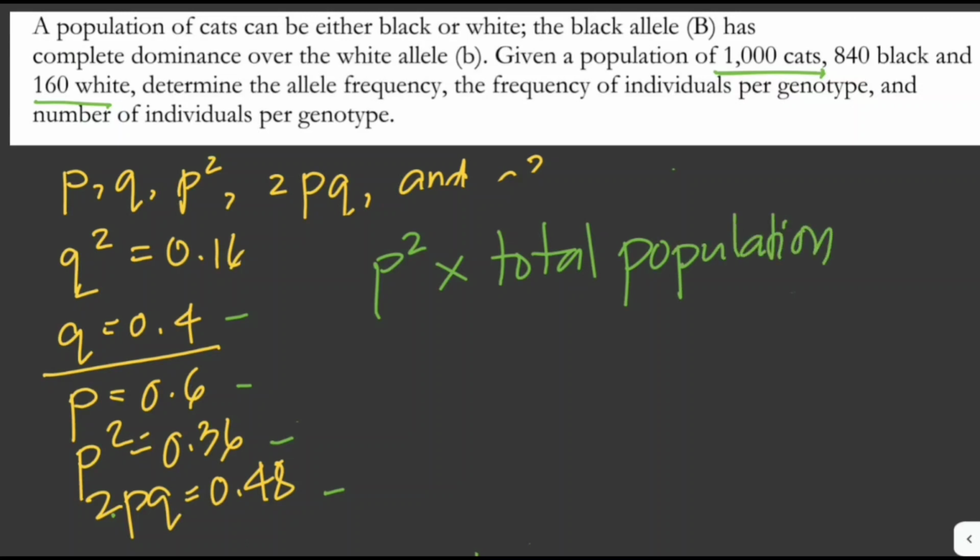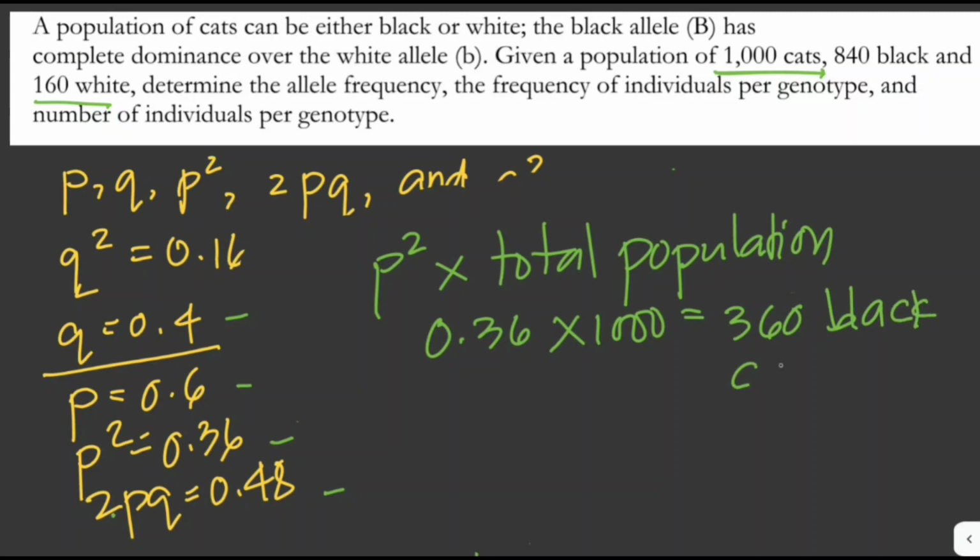So p squared is 0.36, so 0.36 times 1000 is equal to 360. So 360 black cats of the BB, double big B genotype.